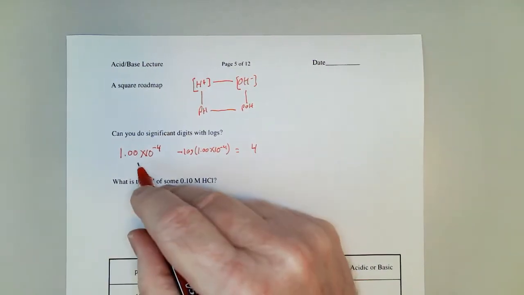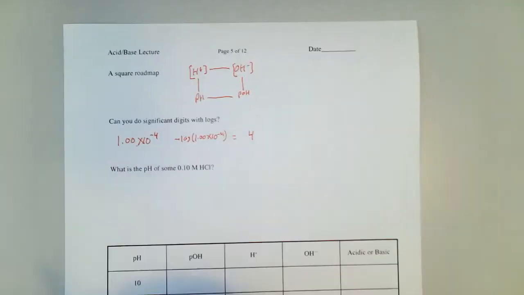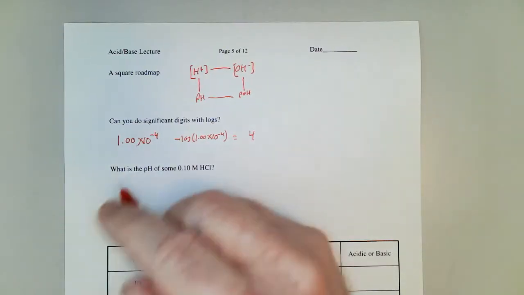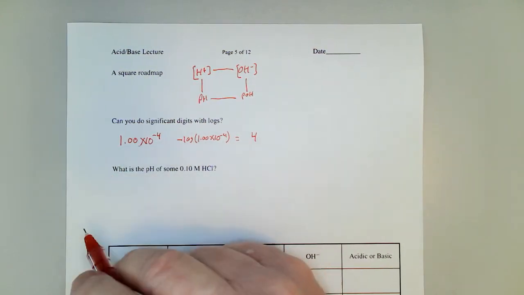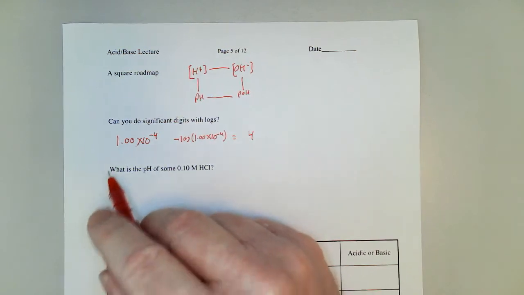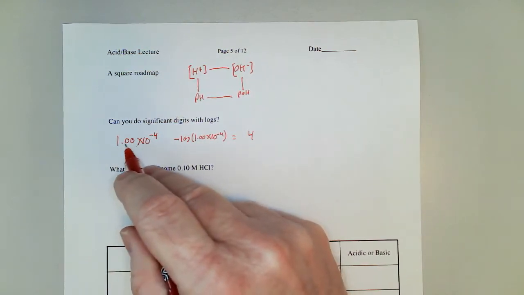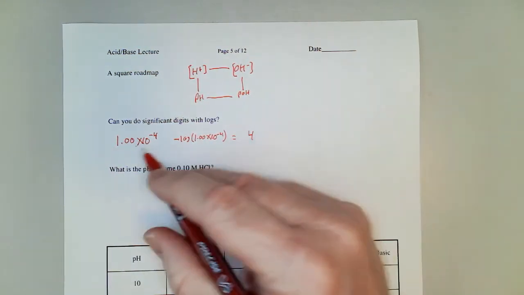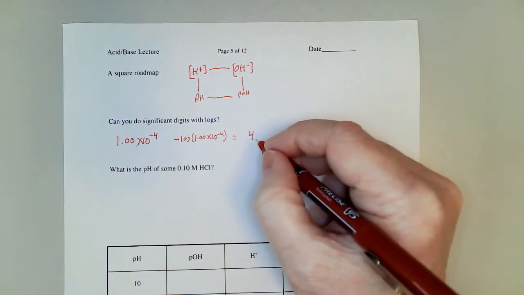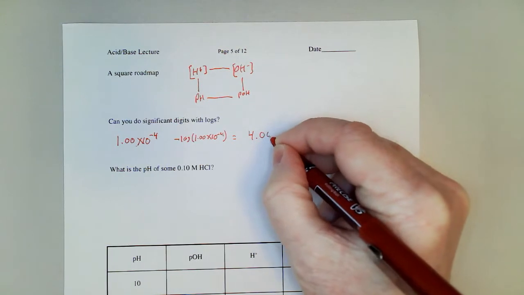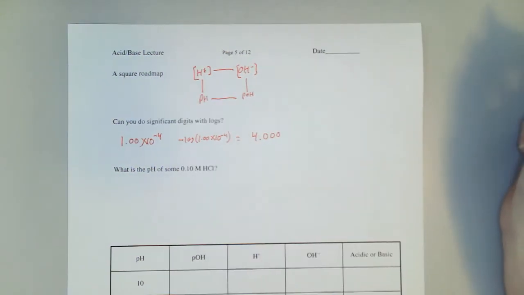The times 10 to the 4th is the magnitude of the number, and the 1.00 is the measurement. The technical term for it is the mantissa. Those 3 digits are the sig figs, and the 4 is just the magnitude. So we will add 3 zeros at the end.